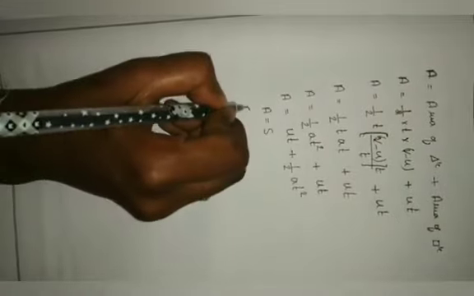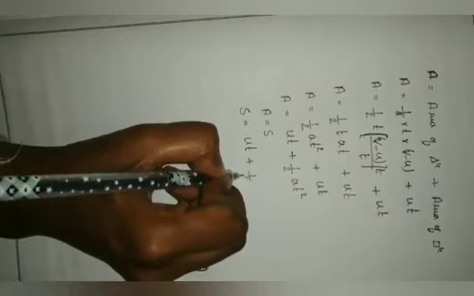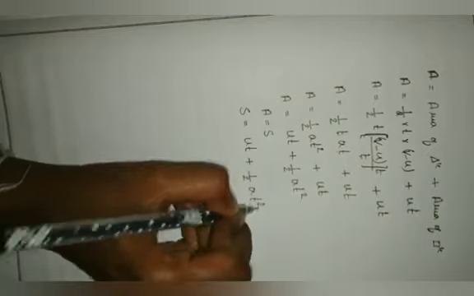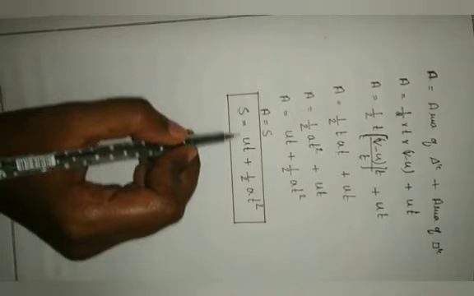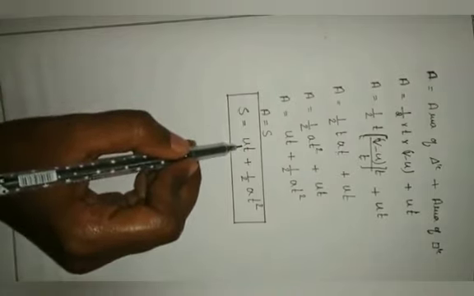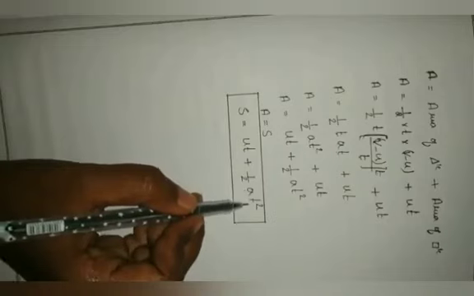So S is equal to UT plus half AT square, where S is the distance covered by the object, U is initial velocity, T is time taken, A is acceleration. This is the second equation of motion.